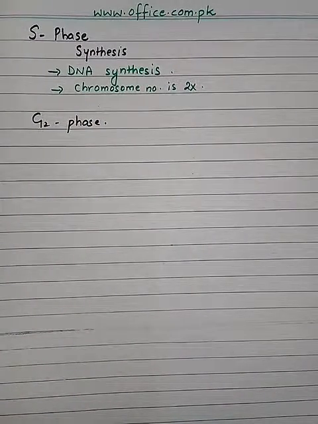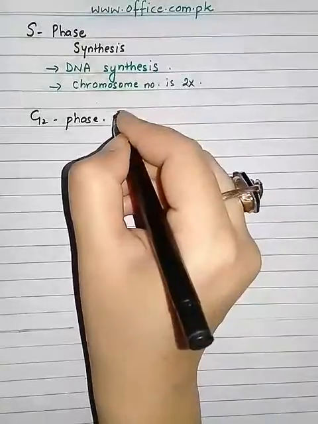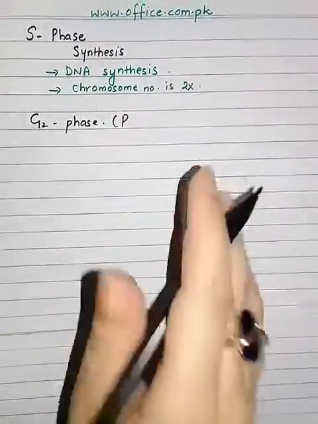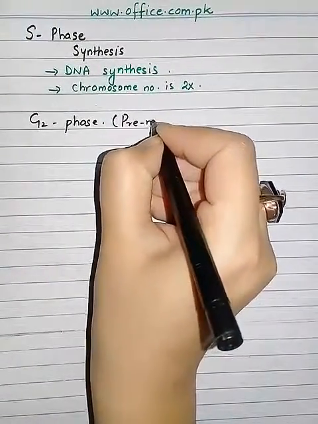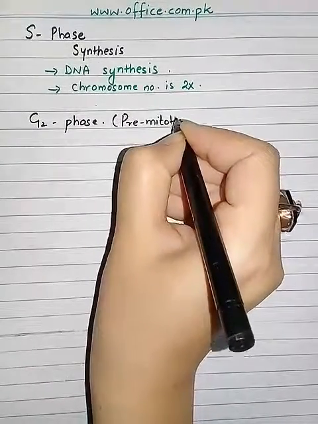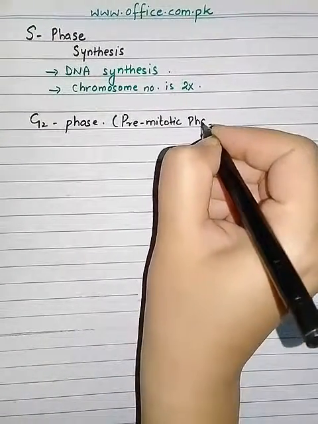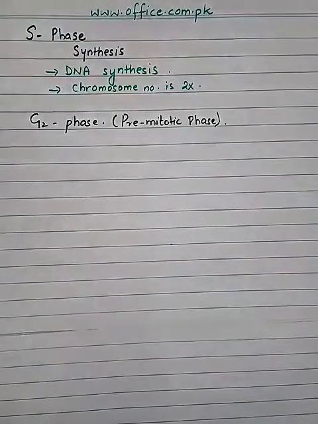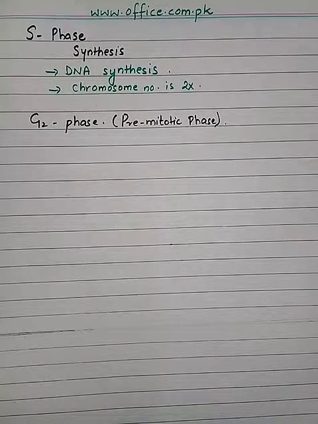Now this is the gap 2 phase, which is actually the pre-mitotic phase. So this actually prepares the cell for division.